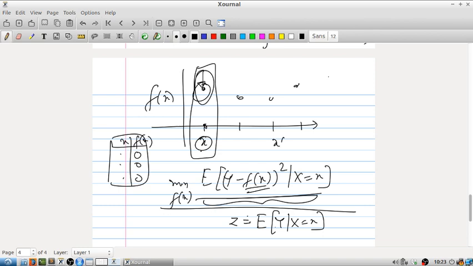I'm going to do this for every value, but let me focus on one value, let's say 1. For 1, I just need to figure out one scalar, which is f of x. And I'm saying that scalar is just this guy, which is not obvious here, but we will discuss later why this is true. So for every x, if you can just compute this number, that is the best f in terms of EPE.